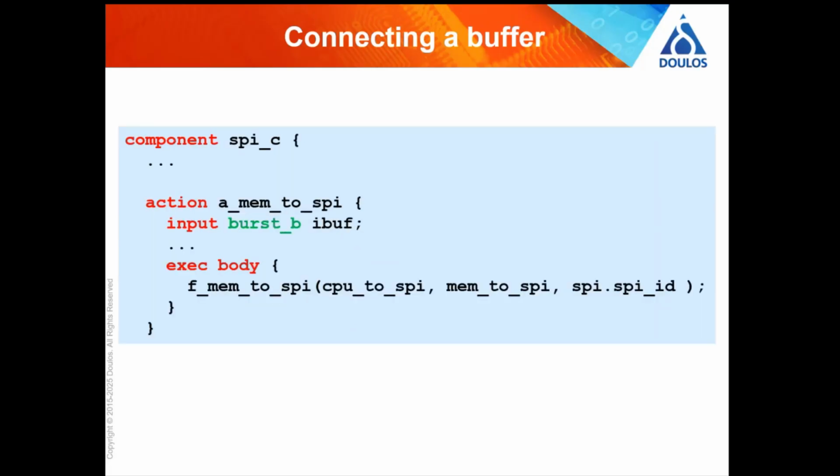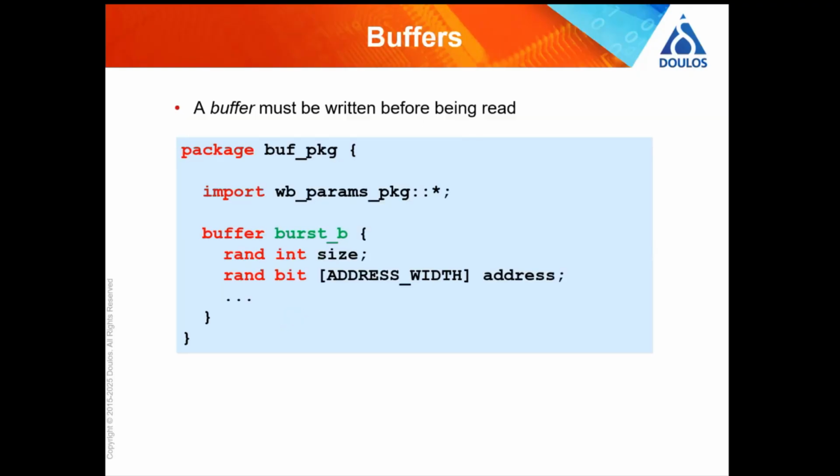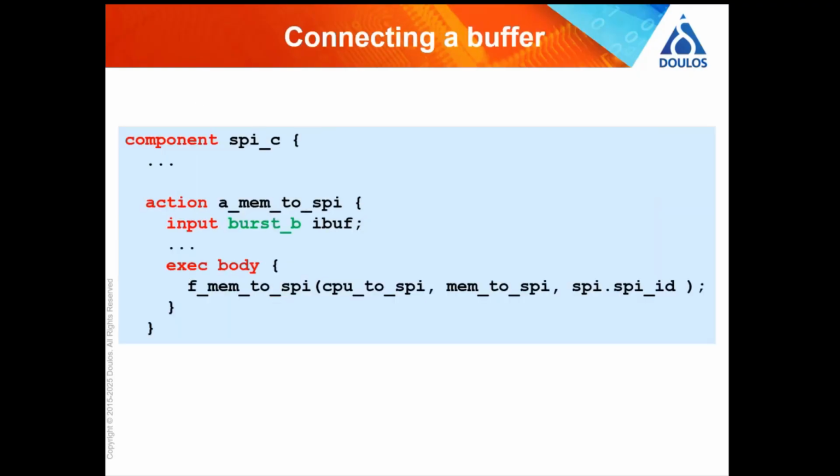And here's another action called mem to SPI, which is going to copy information from a memory to an SPI interface. And the key point I want to make here is notice that the same kind of buffer, burst_b, which is our buffer, is now an input.